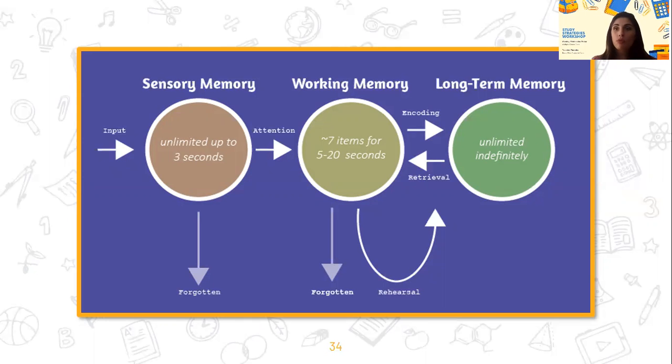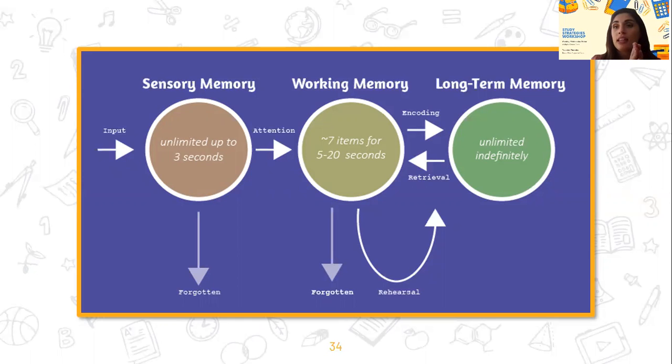But if you attach it to other information that you've already learned, if you make a connection between what you've just heard and something else in your mind, if it's important to you, if you know that you need to remember it, if you do any of those things, it can be passed into your long-term memory. And once it's in your long-term memory, you are able to retrieve it for future use.